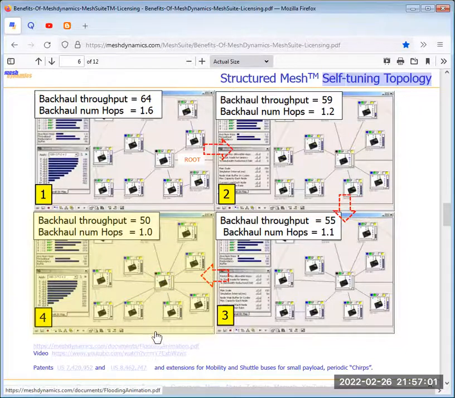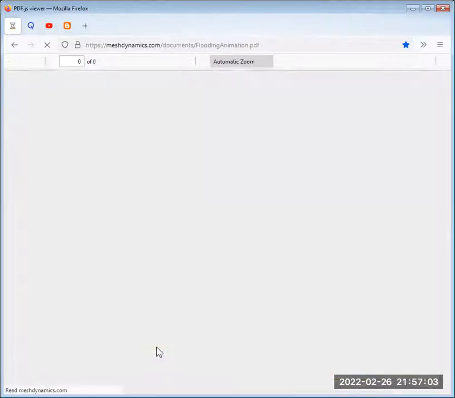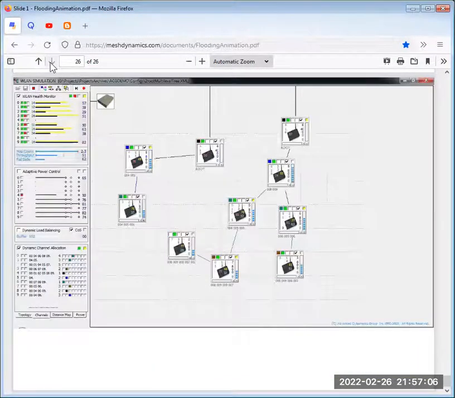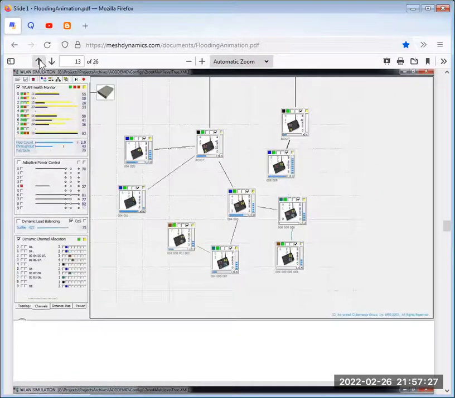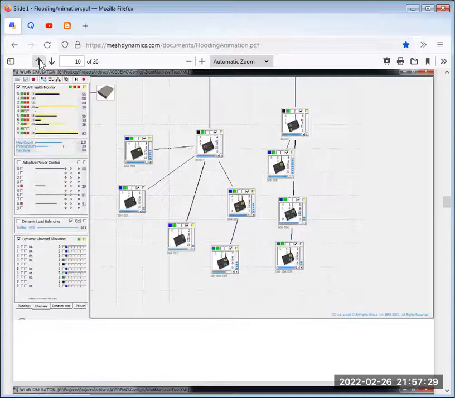A better example of how this works is through the flooding animation video, which I think I had backwards. Doesn't really matter. In either case, what you're seeing is that as the health is changing, the adaptive control and the dynamic channel management are running. This whole system is dealing with, in this case, just topology.